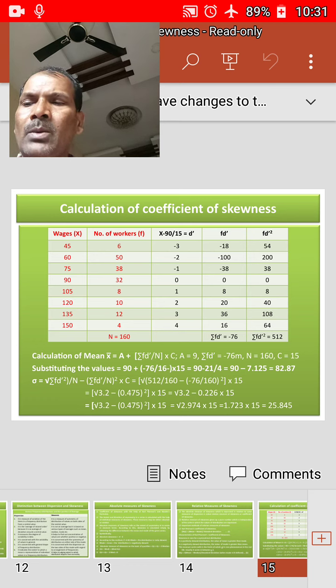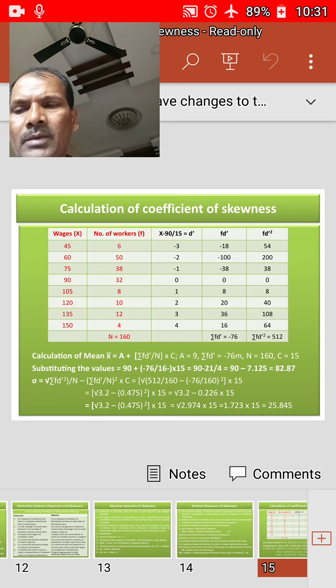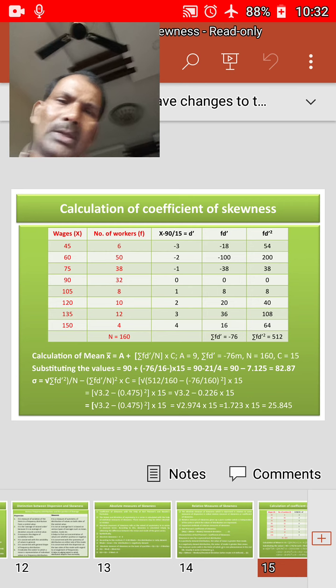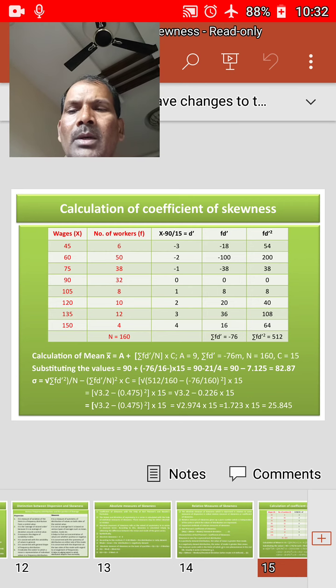The first x value is 45, so 45 minus 90 is minus 45, by 15 is minus 3. 60 minus 90 is minus 30, by 15 is minus 2. 75 minus 90 is minus 15, by 15 is minus 1. 90 minus 90 is 0, by 15 is 0. 105 minus 90 is 15, by 15 is 1. 120 minus 90 is 30, by 15 is 2. 135 minus 90 is 45, by 15 is 3. 150 minus 90 is 60, by 15 is 4. These values are called d dash.